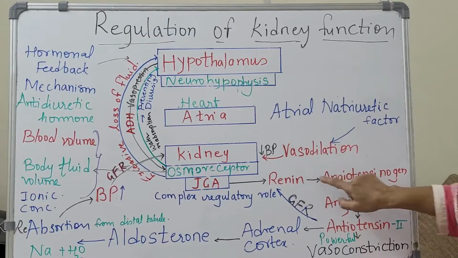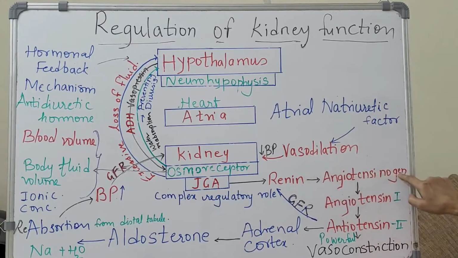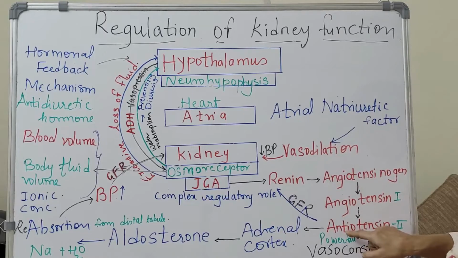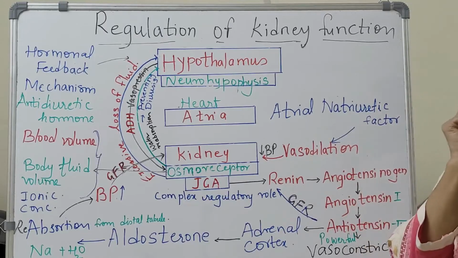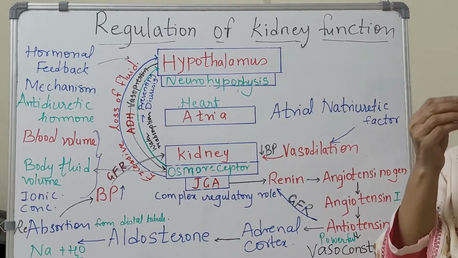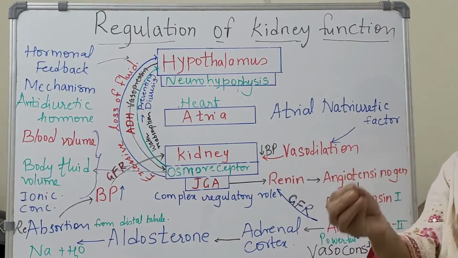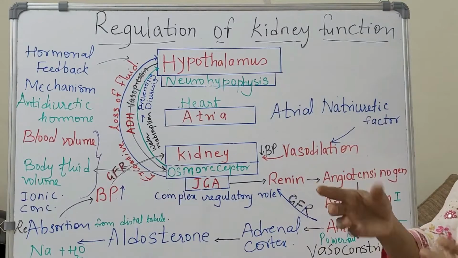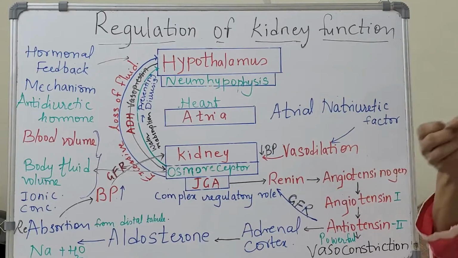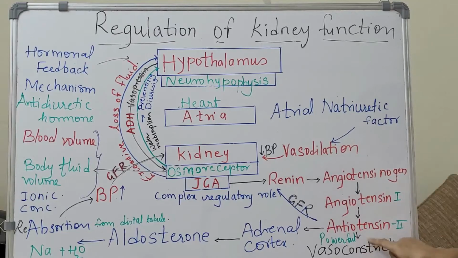So from renin, angiotensinogen, and then angiotensin 1, angiotensin 2. Now this angiotensin 2 is a powerful vasoconstrictor of vascular tissue. It constricts the blood vessels. It is a powerful blood vessel constrictor. It narrows the blood vessels.